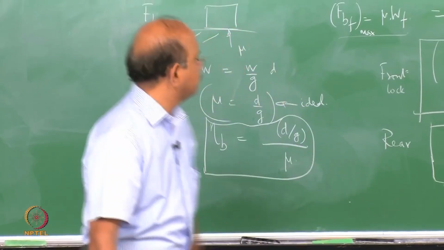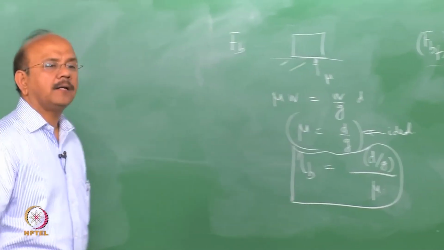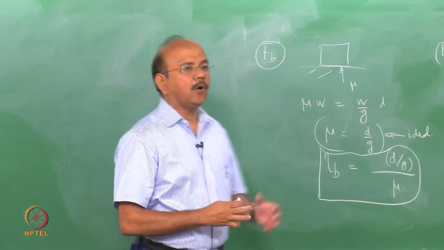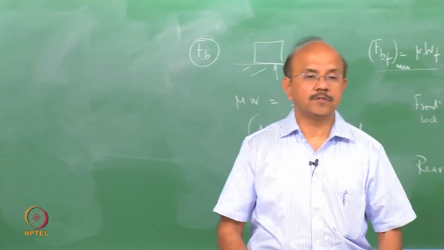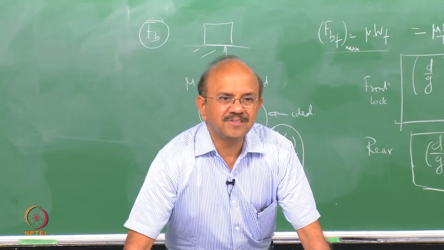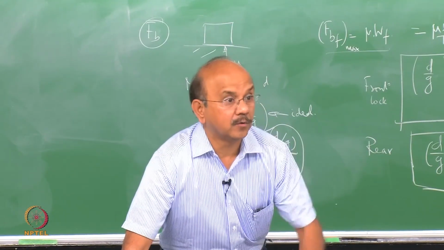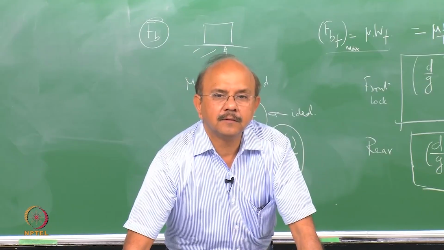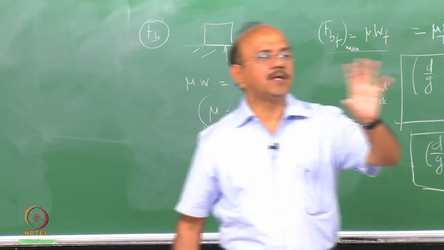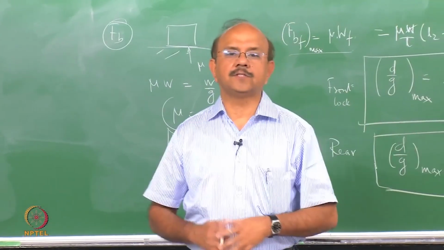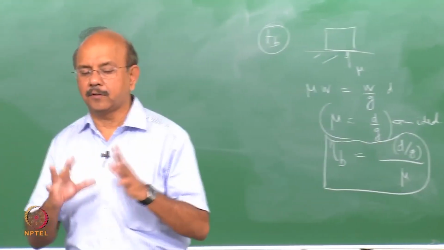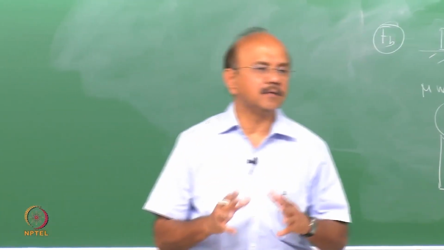Now, we are looking at FB. The total force FB also goes to decelerate all the revolving components. This becomes very important in a motorcycle, and is not as important to that extent in a car.